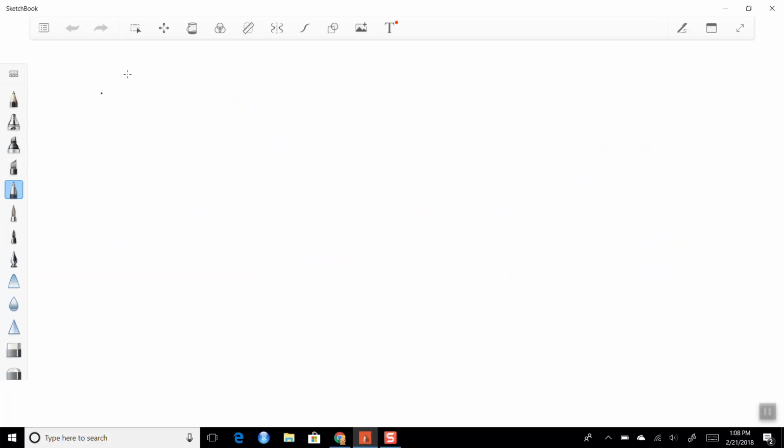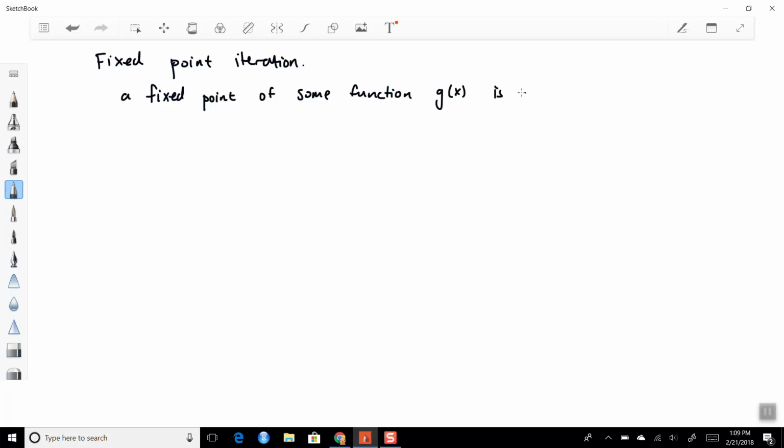All right, so our first method is called fixed point iteration. A fixed point of some function g of x is where g of x is equal to x.